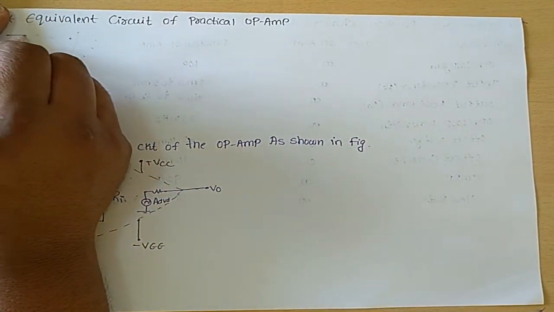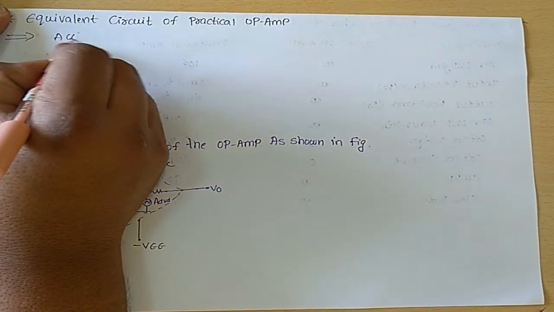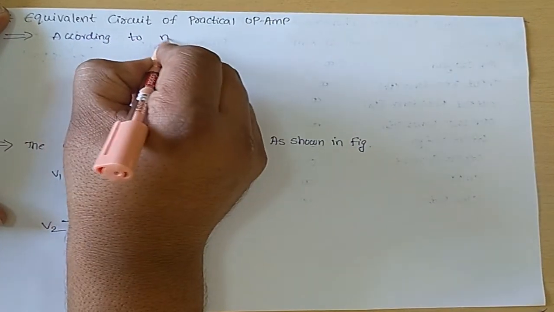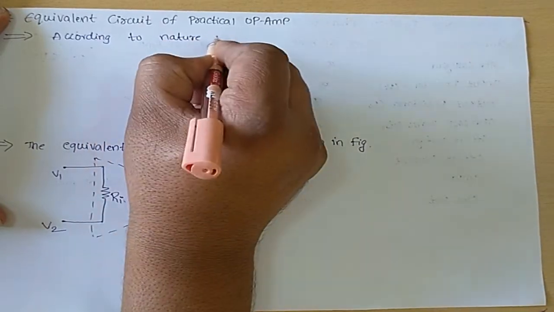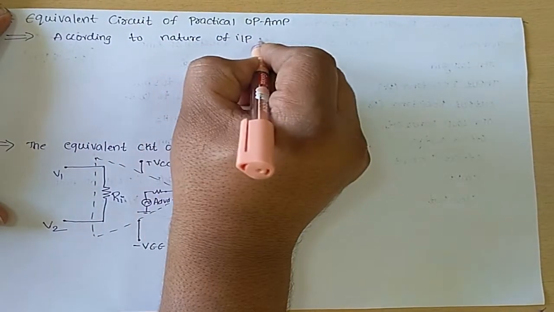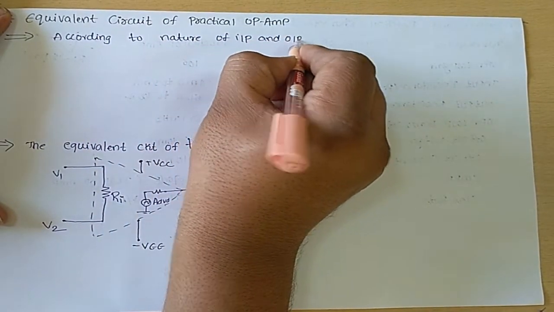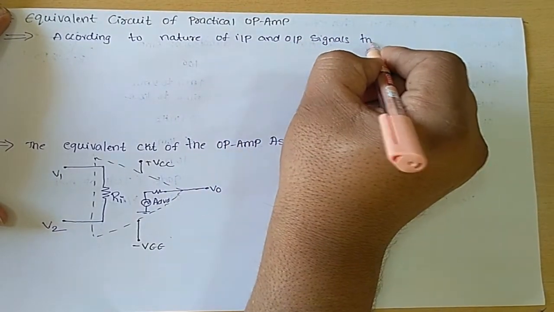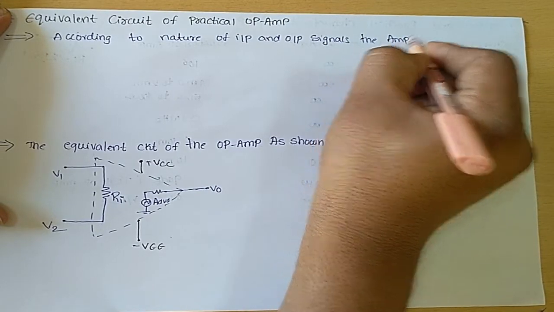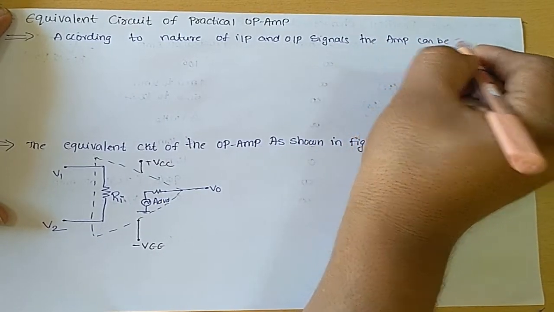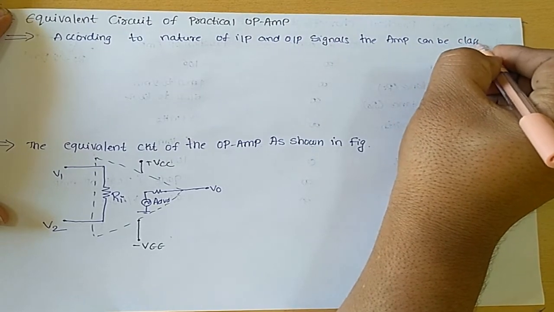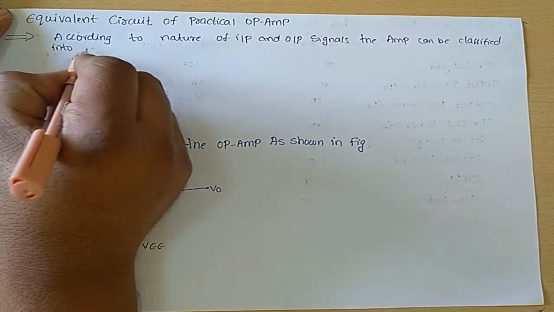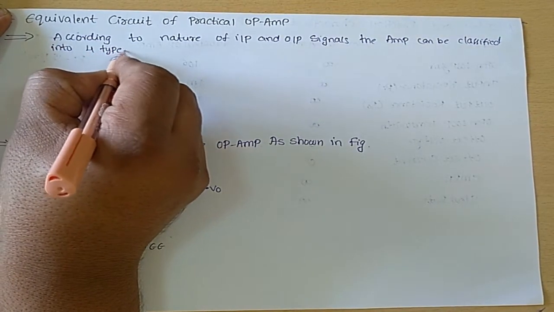According to the nature of input and output signals, the amplifiers can be classified into four types.